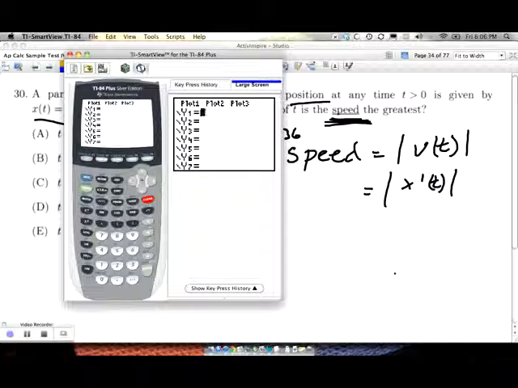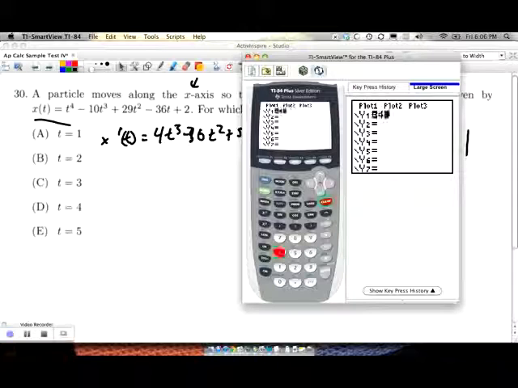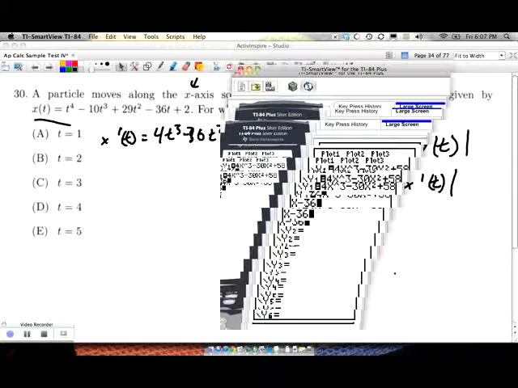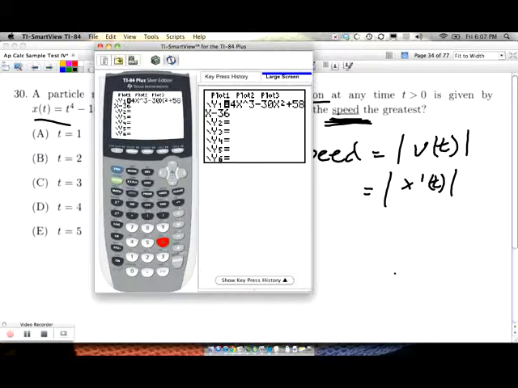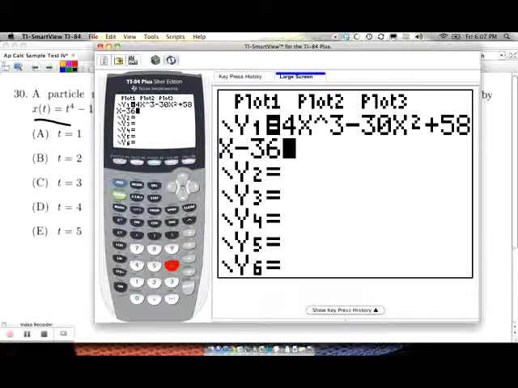We clear this. We're going to have 4t, or in this case x, to the third power minus 30t, or x, squared plus 58t, I think it said minus 36. Let's double check. Is that what we got? Yes, that's what we got. So, knowing that, I want to go ahead and graph this and see what it looks like. Graph.